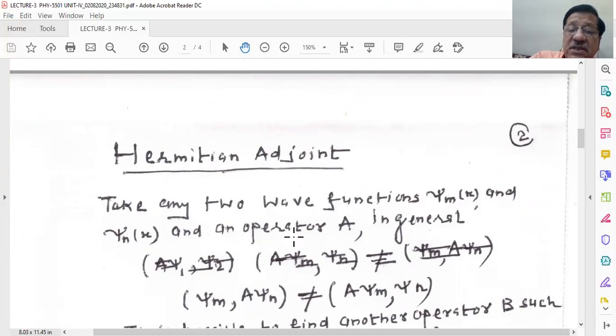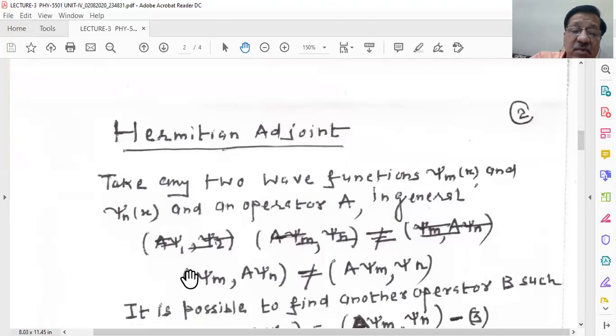And don't consider that operator A is Hermitian first. In general A is an operator, and then you can write that the scalar product of ψ_m with A ψ_n is not equal to the scalar product of A ψ_m with ψ_n.